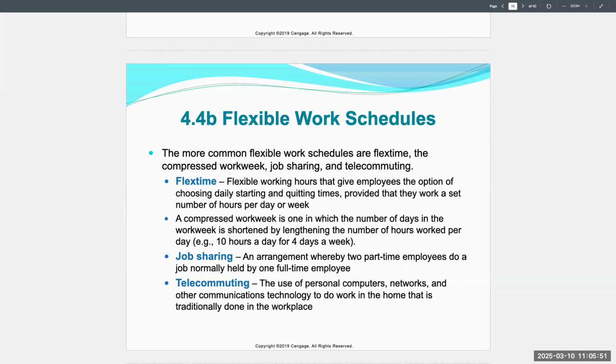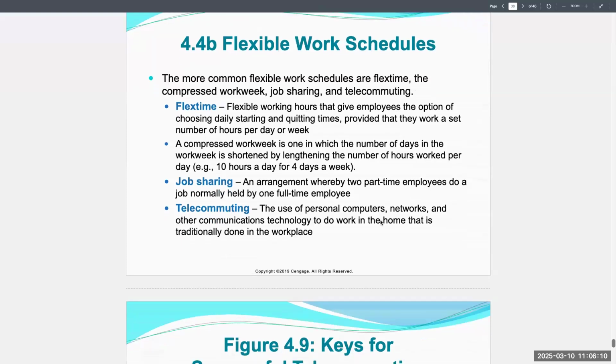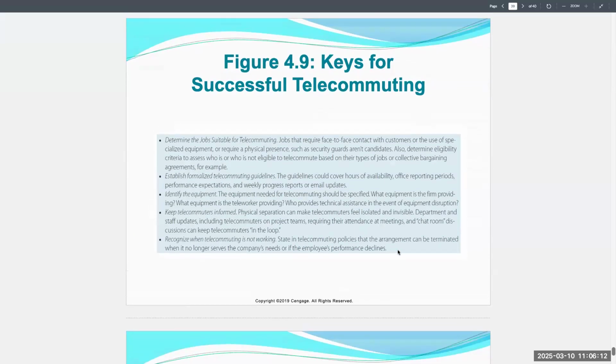It reduces stress and can actually lead to a higher level of efficiency since employees work during their most productive hours. Now, a compressed workweek is another strategy, where employees work long hours over fewer days. Another example is job sharing and telecommuting. Again, these are all things we mentioned earlier.